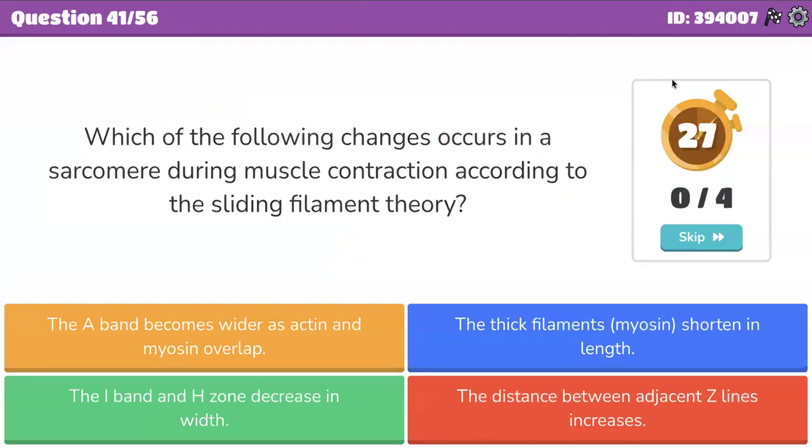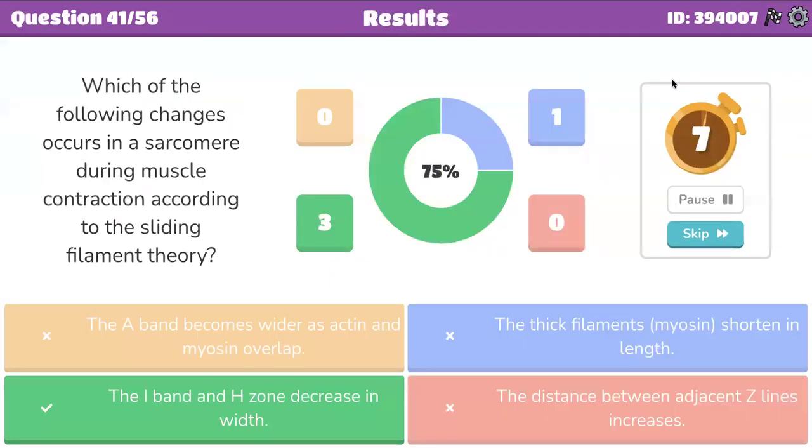Which of the following changes occurs in a sarcomere during muscle contraction according to the sliding filament theory? The I band and H zone decrease in width.